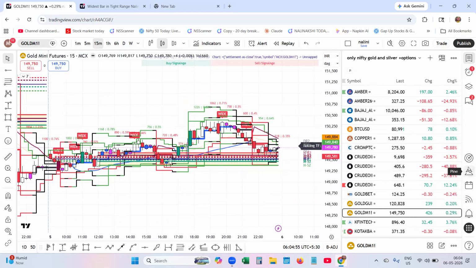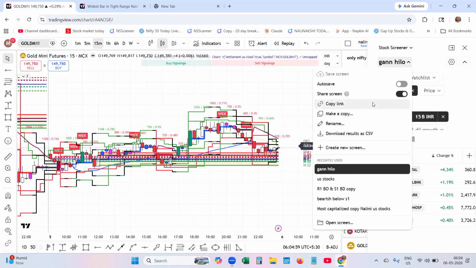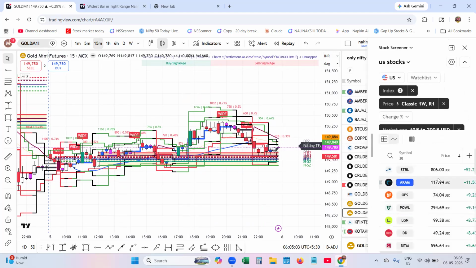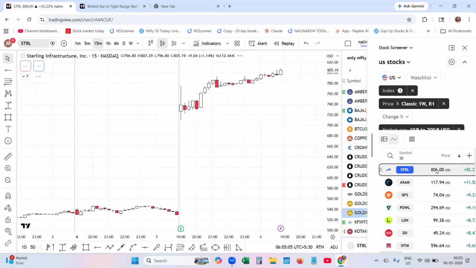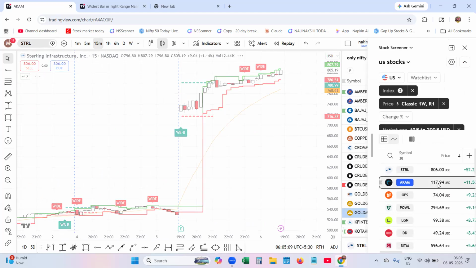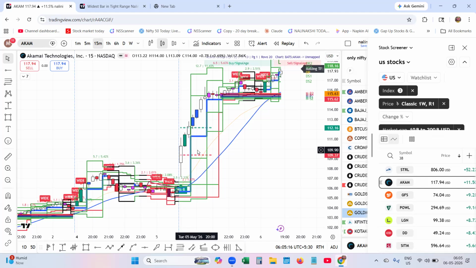Likewise, you can utilize some stocks I wanted to show from the screener, not from the Ganhilo. US stocks. Okay. Let me put this. This is 52% up. Here. This is the perfect example. See, the widest bar buy has come.